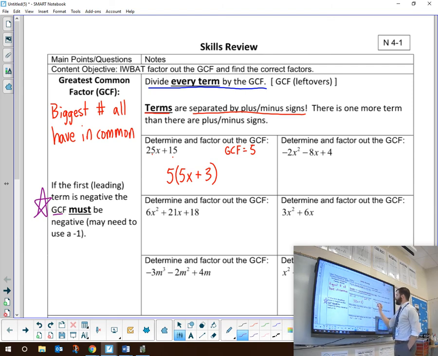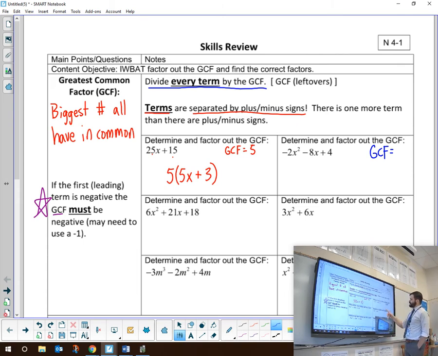So look at this, we have a negative right here in front. So my GCF that I pull out has to be negative, okay? Since my starting term is negative, my GCF is going to have to be negative.